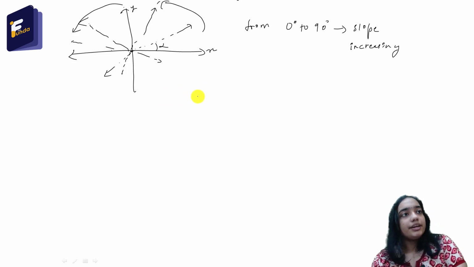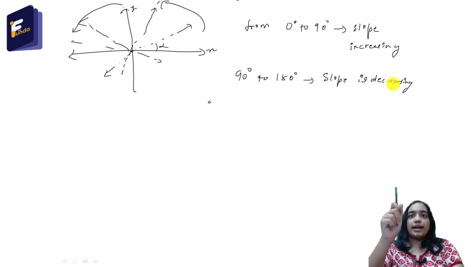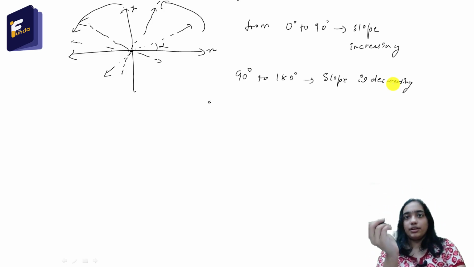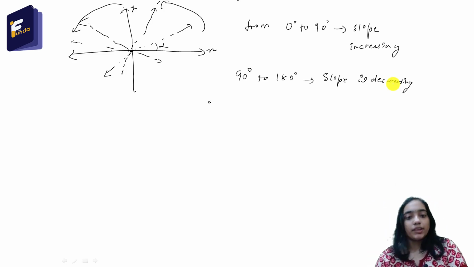And from 90 degree to 180 degree, the slope is decreasing. If the line moves from 90 degree to 180 degree like this, the slope is decreasing. Okay, from here it is increasing, from here like this it is decreasing.